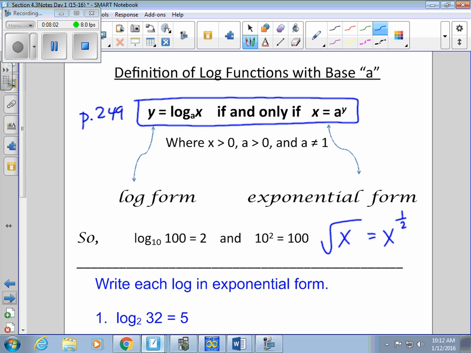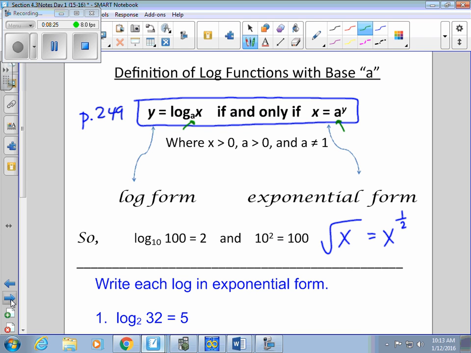So what we're talking about here is y equals log to the base a of x, and it says if and only if x equals a to the y. Couple things about this that I want you to take note of. We said the word base here with our a, and the base of our exponent on the other side, the bases are the same.